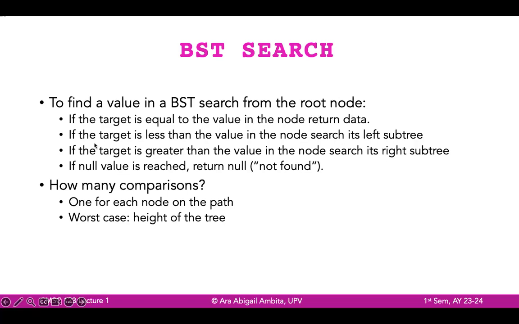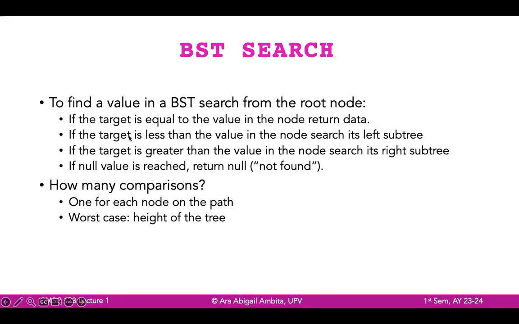But if the target is less than the value in the node, then we traverse its left subtree. If the target is greater than the value in the node, then we traverse its right subtree. Okay, very easy.